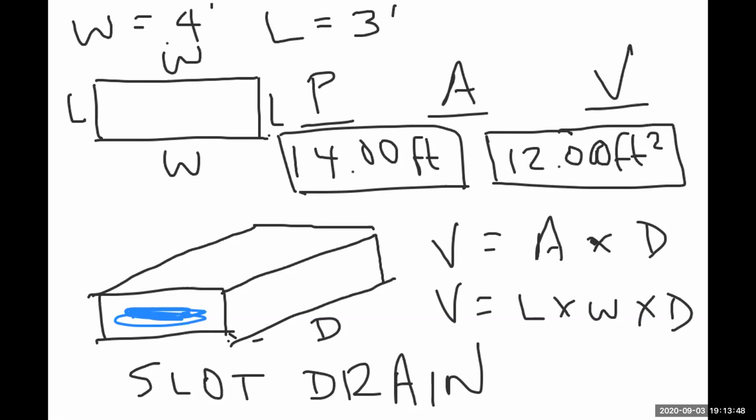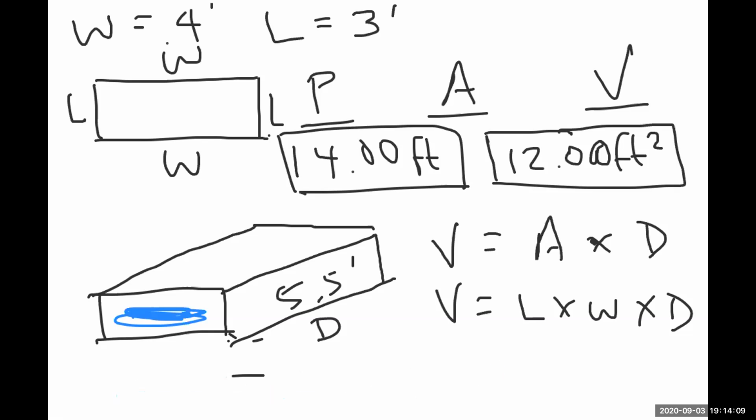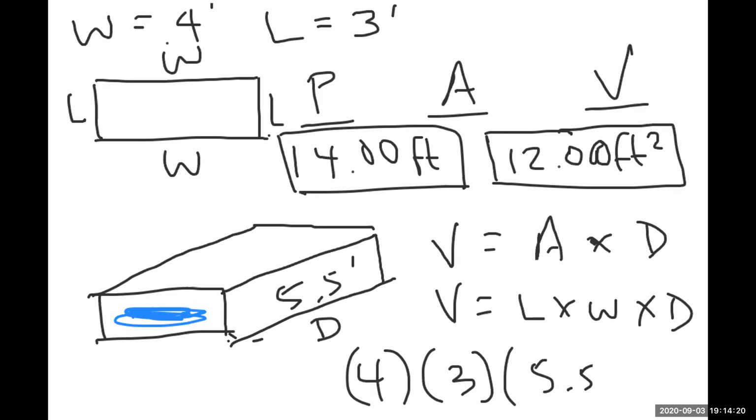Let's say the depth is 20, not 20 feet. Curbs aren't that big. Let's say 5.5 feet. I mean a sidewalk, well, sidewalk plus a curb. So our width is 4, our length is 3, our depth is 5.5.